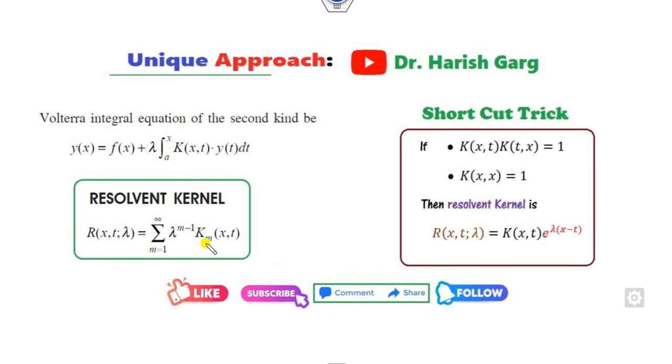You can write the resolvent kernel of the equation directly as k of x comma t, whatever the given function, times e raised to the power lambda times x minus t. Make sure this lambda is the coefficient of the integral from a to x. A may be 0, a may be non-zero. This is the simplest way.